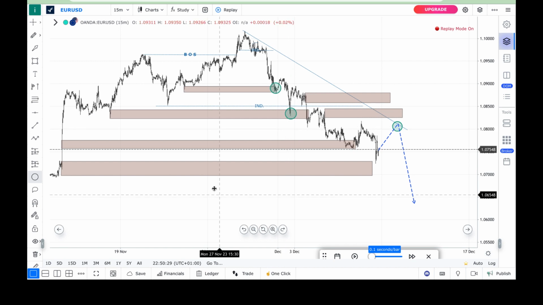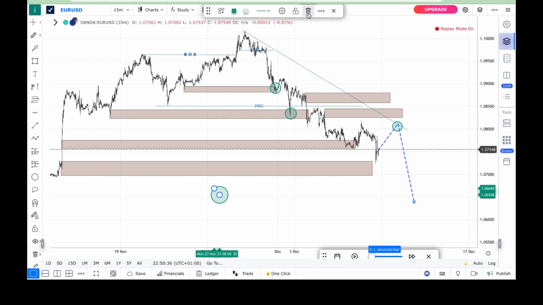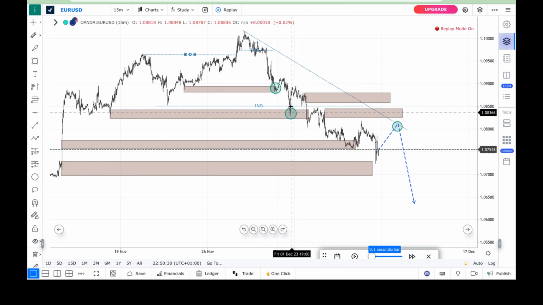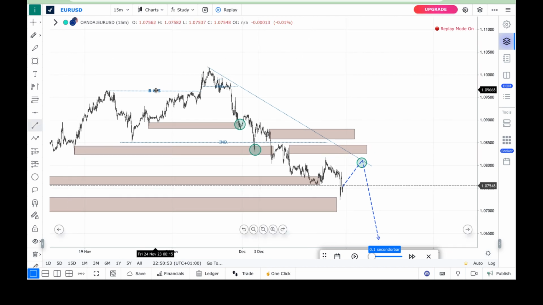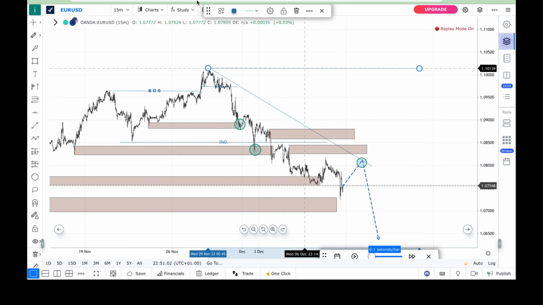Yes, just as they picked this and all these at first, now they will pick these ones also as the order block, thinking there is a change of character, without knowing that on this high here, there is a liquidity resting on it.